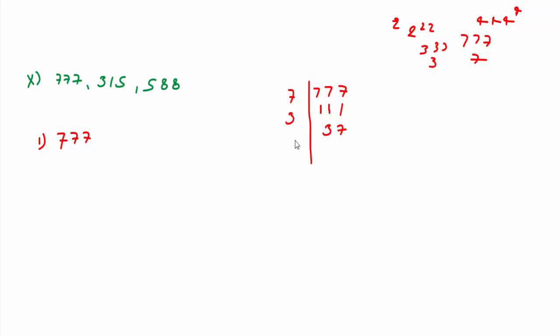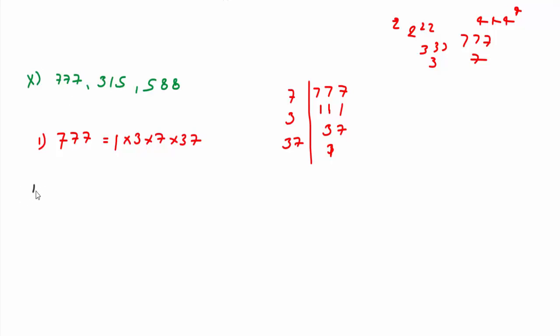So 37 is already a prime number, so 37 will come in its own table. 37 1s are 37. So here we have the factors 1 multiply by 3 multiply by 7 multiply by 37. So these are the factors of 777.